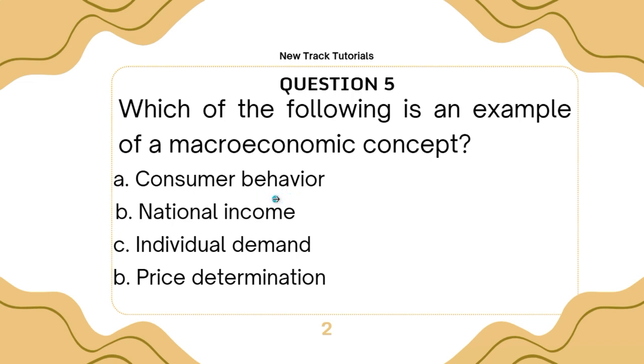Now, the macroeconomic concept focuses on the overall performance of an economy, and it looks at aggregate data rather than individual market behavior. Consumer behavior looks at individual market behavior. Individual demand looks at individual market behavior. Price determination looks at individual market behavior.